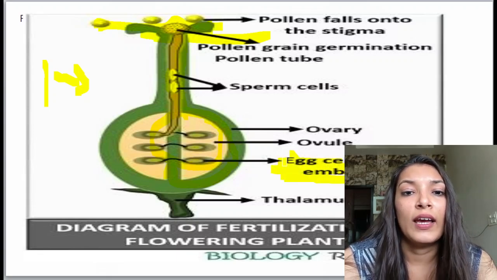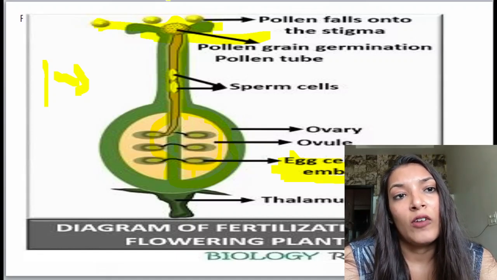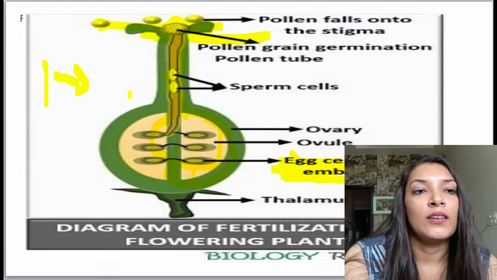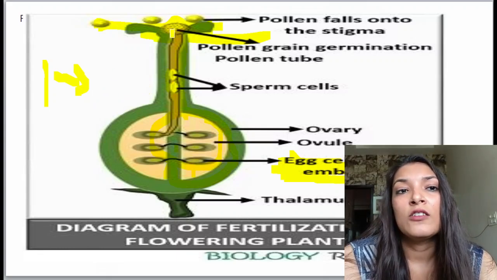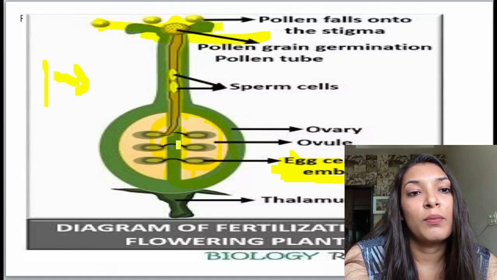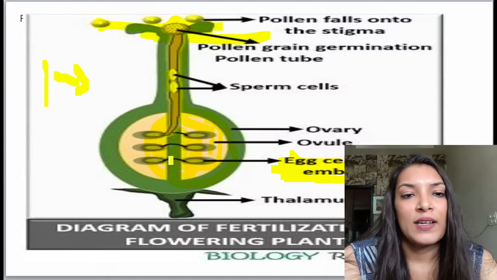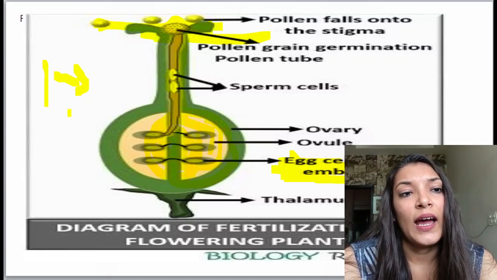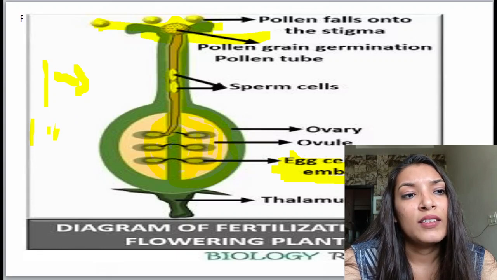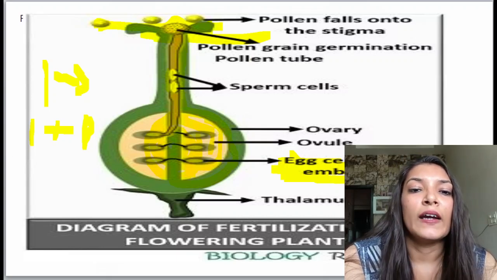The egg is present in the embryo sac, which is present inside the ovule. Within the ovary the ovule is present, and within the ovule the female gamete is present. As soon as the male gamete meets and fuses with the female gamete, the fertilization is said to happen.